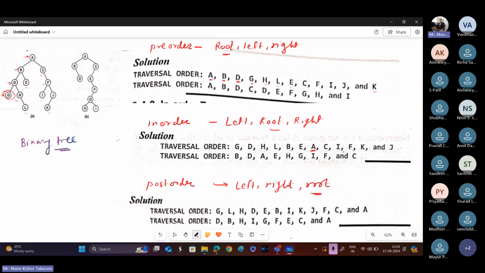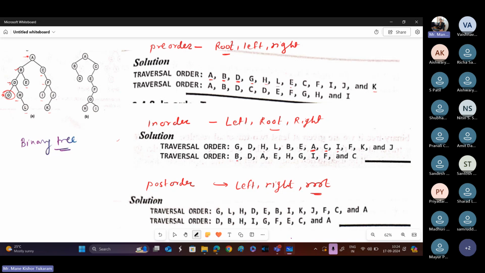Then C. Then after C, we are having the leftmost node, that is I. So I is coming. Then after that F, that is center. Then K and J. So the sequence is just the same. That is, root is processed in between. So first left, then right.